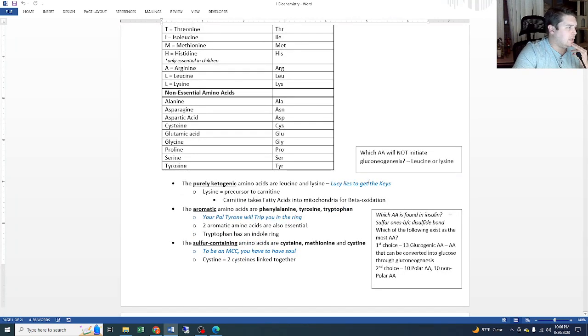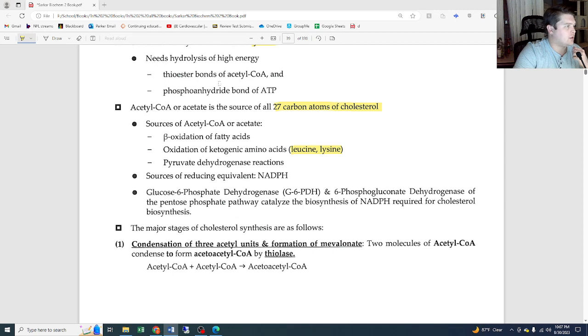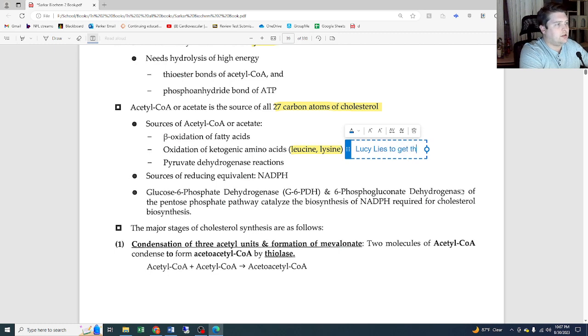Okay, it is just leucine and lysine that are our two ketogenic amino acids. There's our mnemonic to remember that, though: Lucy lies to get the keys. I want you to remember that for boards.